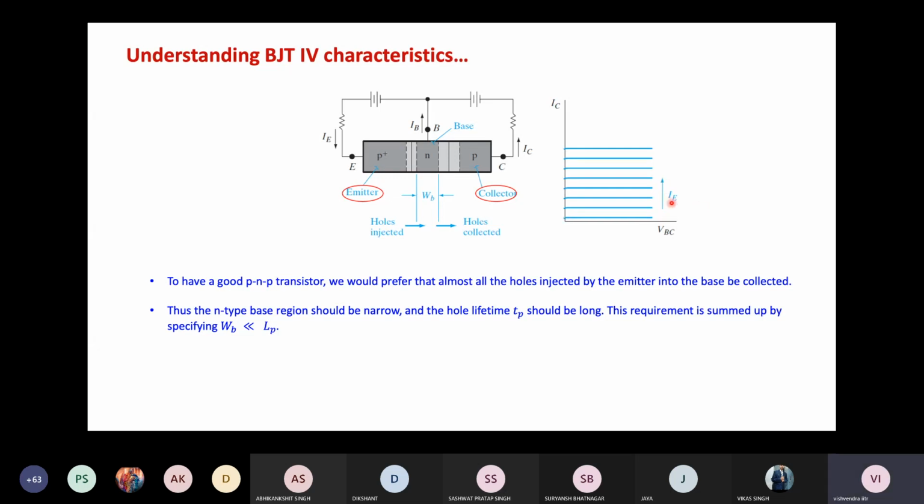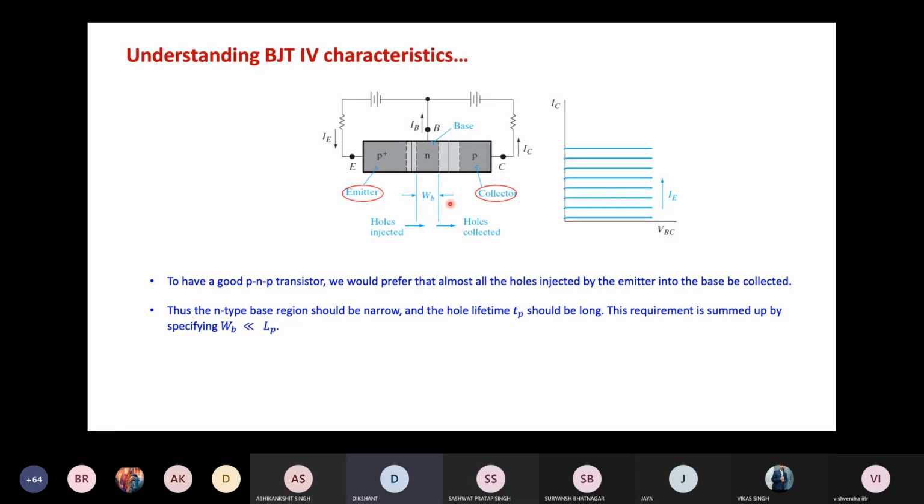Even if VBC is 0, because the minority carriers are now more in number, IC is also non-zero, because additional minority carriers are being pumped into the base. So the majority diffusion is not able to balance all the minority drift, because the minorities in the base are coming from the emitter terminal. Is this clear?